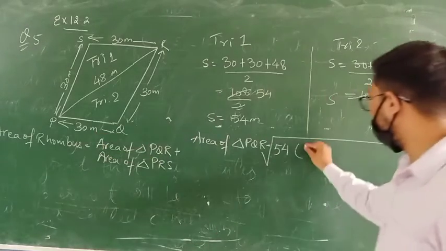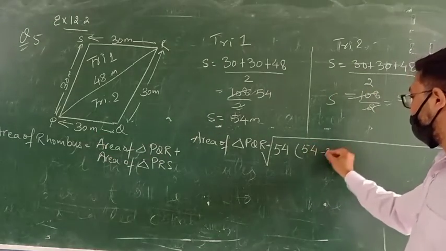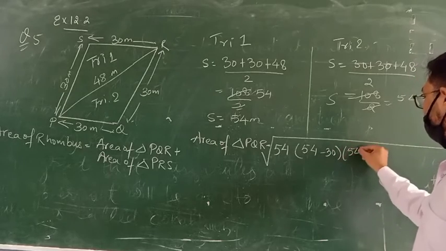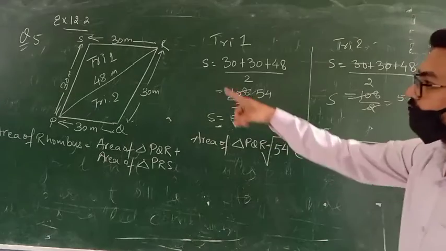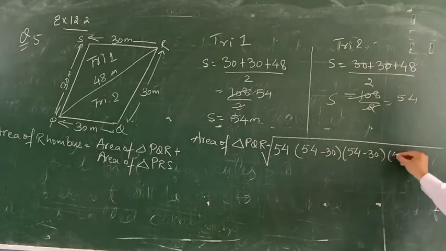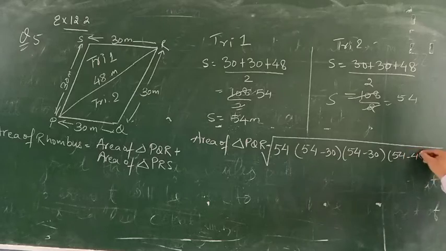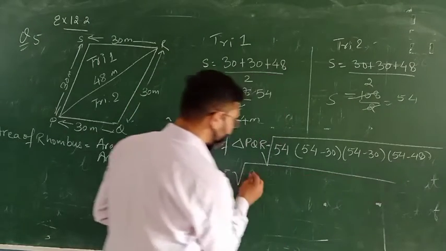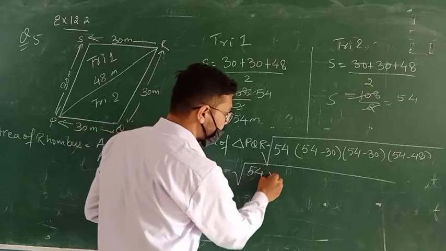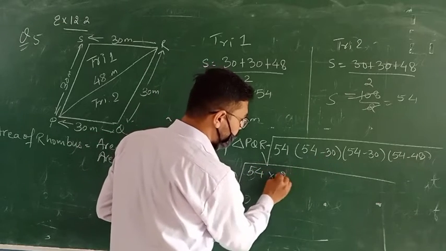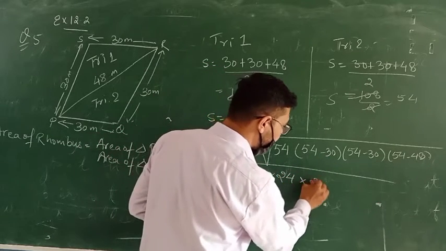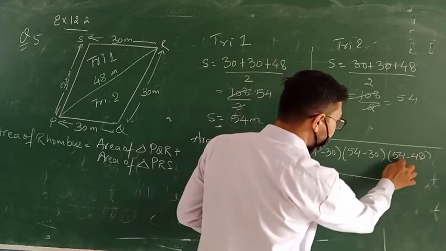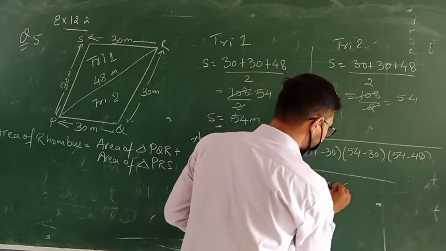So the area is the square root of 54 into 54 minus 30, 54 minus 30 and 54 minus 48. This gives 54 multiplied by 24, again 24, and 6.